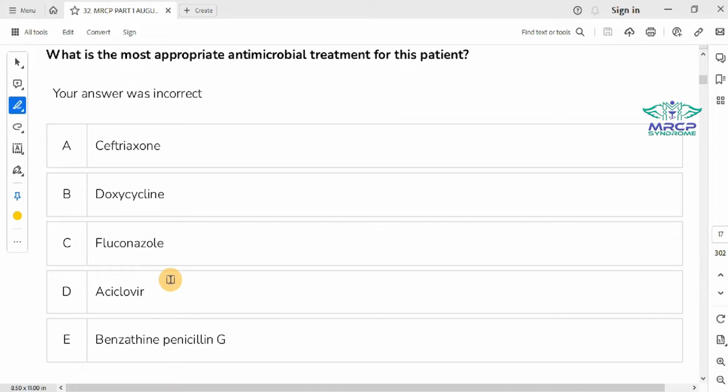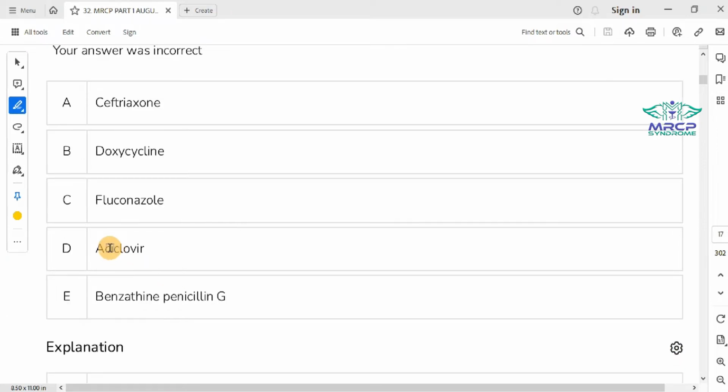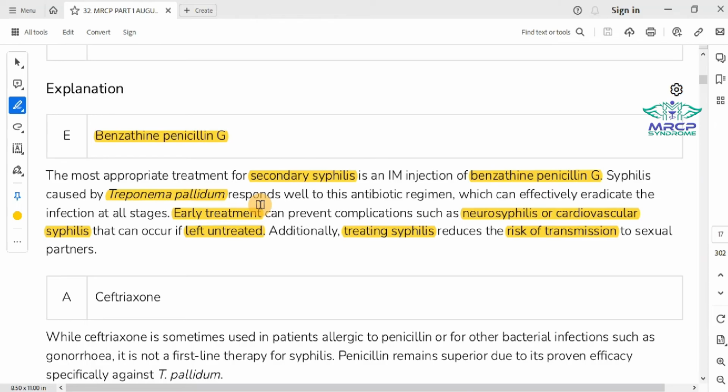And acyclovir is an antiviral medication, usually indicated for herpes simplex virus infection or varicella zoster virus infection. The most appropriate treatment for secondary syphilis is the intramuscular injection of benzathine penicillin G. Syphilis caused by Treponema pallidum responds well to this antibiotic regimen, which can effectively eradicate the infection at all stages.